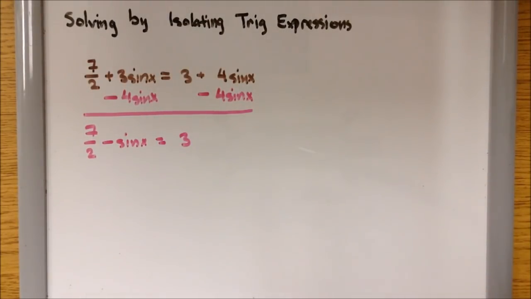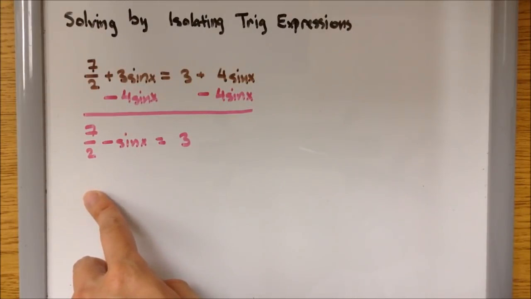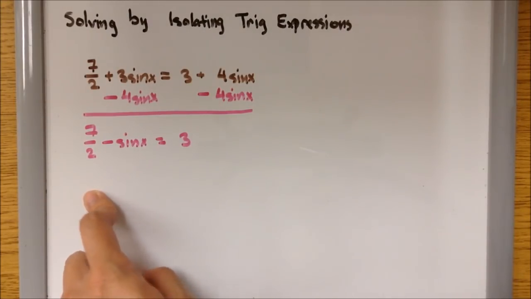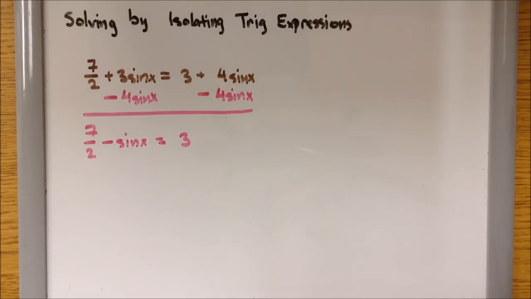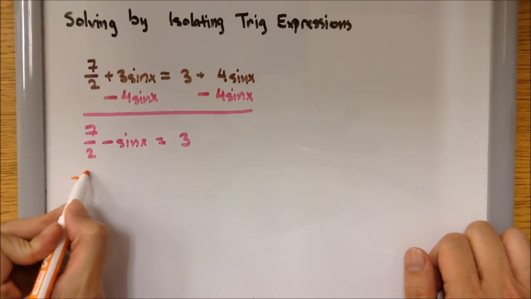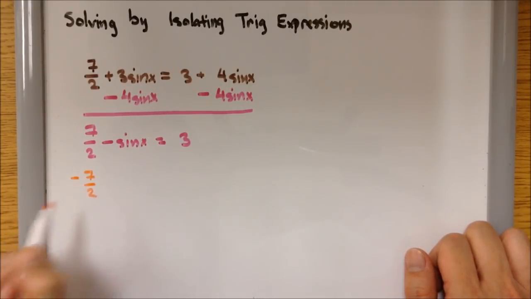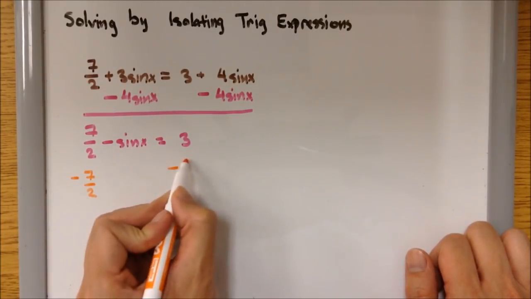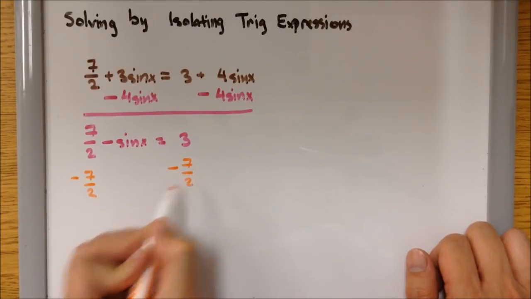Alright, now I want to get negative sine x to be by itself, so what I typically do next is get rid of the number, the 7/2. In order to get rid of it, I'll do the opposite, so it's going to be minus 7/2 on the left, and then minus 7/2 on the right.